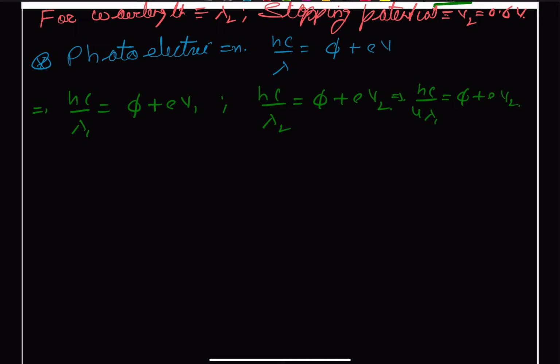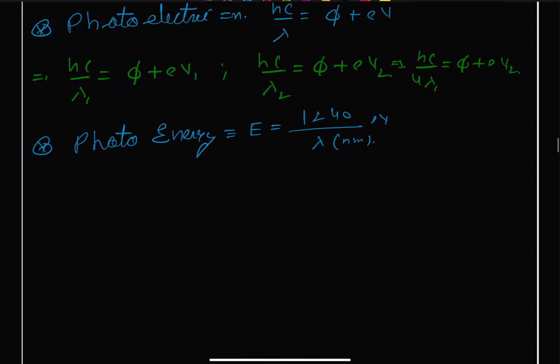And we also know that our photon energy E is equal to 1240 upon lambda, and this is in electron volt, so here lambda has to be in nanometers.